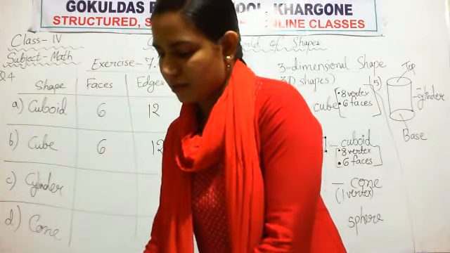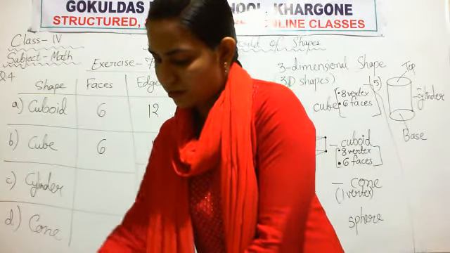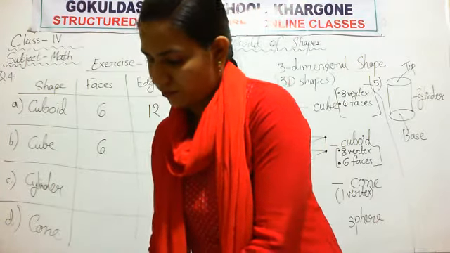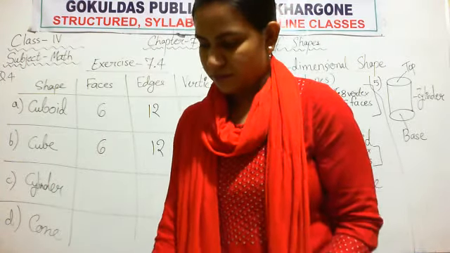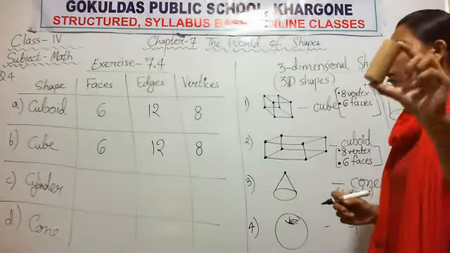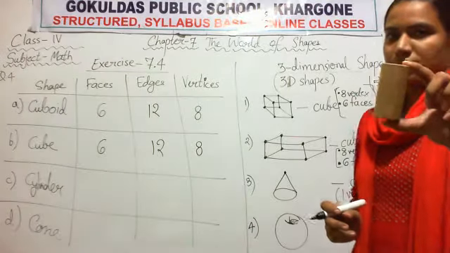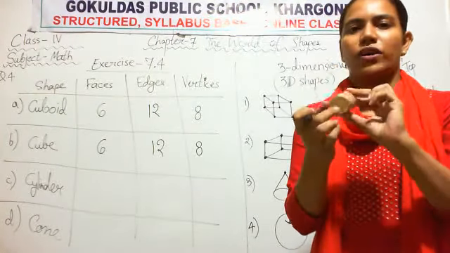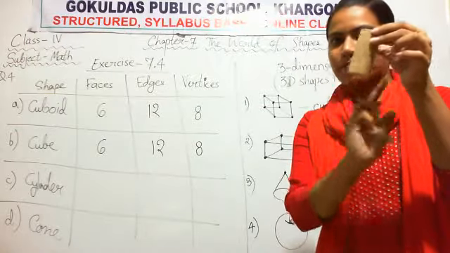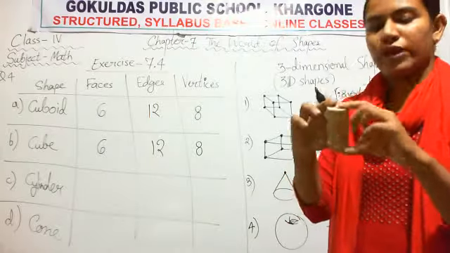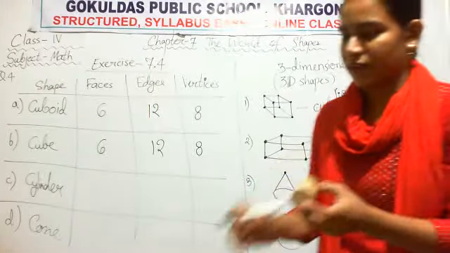Next shape is cylinder. Okay. It is a cylindrical shape. How many faces does it have? It has total 3 faces. One top face, bottom face and the face between the top and bottom. So it has 2 circular faces.